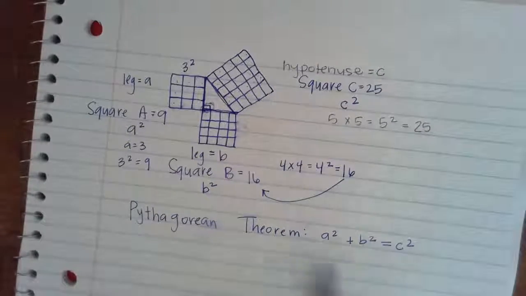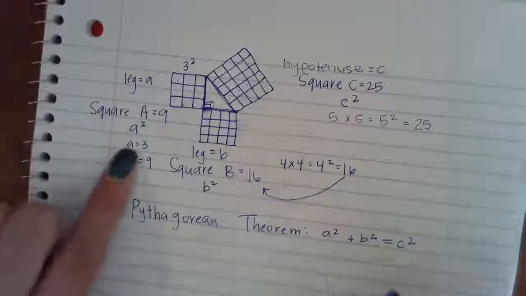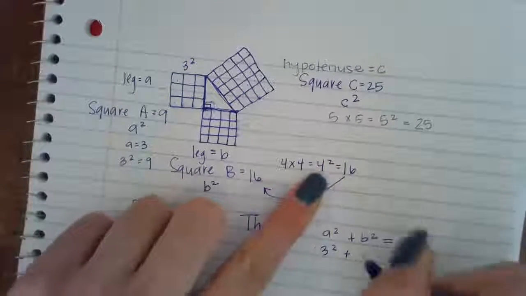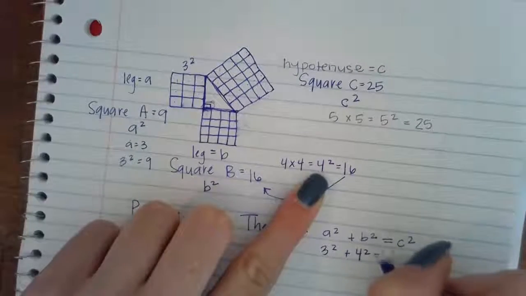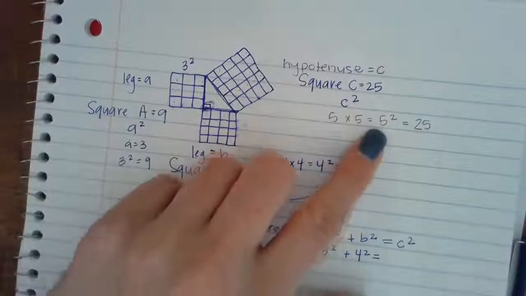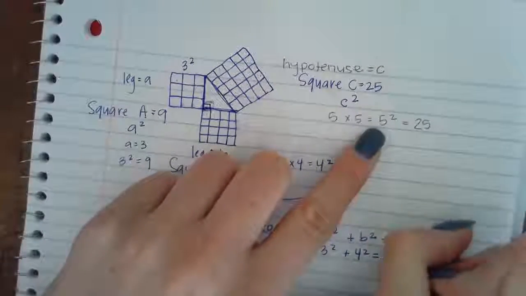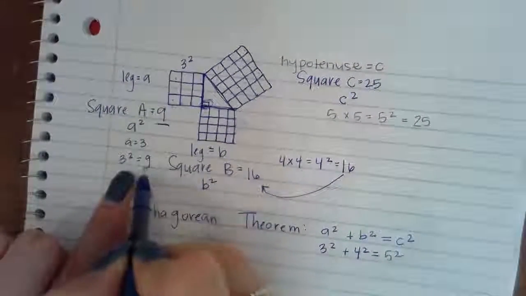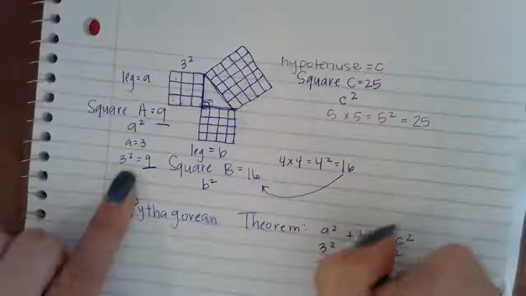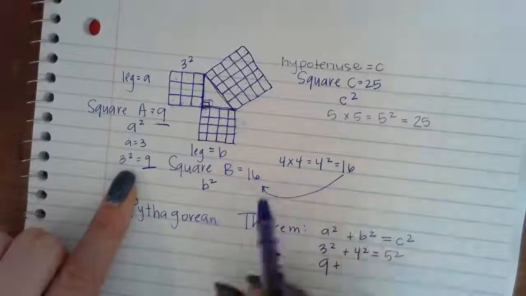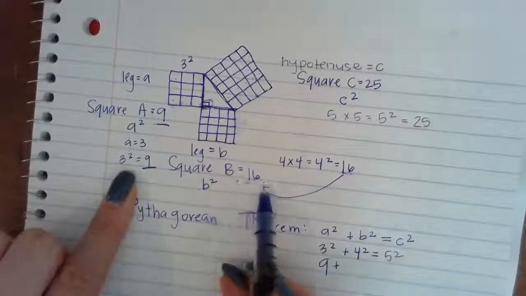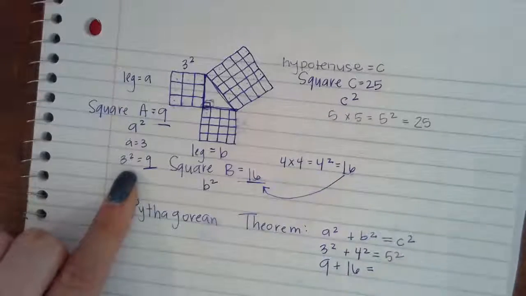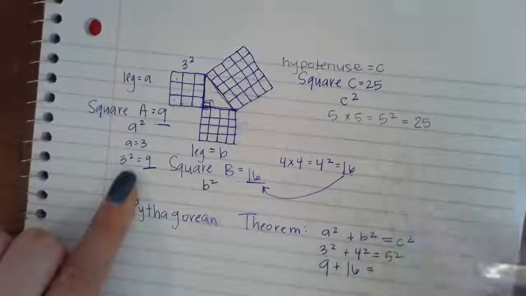So if I rewrite my Pythagorean theorem, where my A is equal to 3 squared, plus my B, which we said was 4 squared, should be equal to my C, which we said was 5 squared. Well, we know that 3 squared is equal to our 9, plus 4 squared is equal to our 16, is equal to our 5 squared, which we know to be 25.